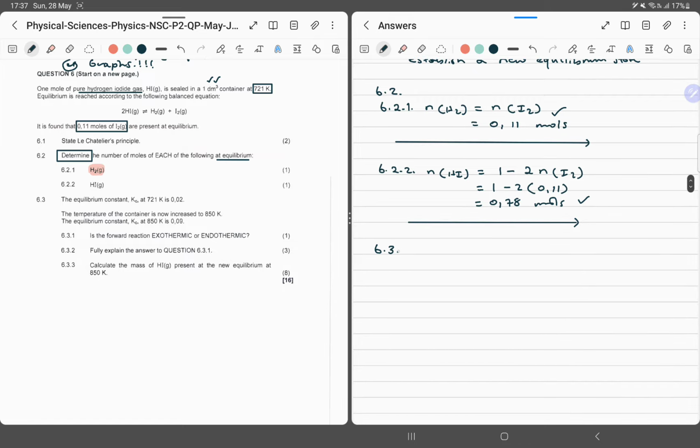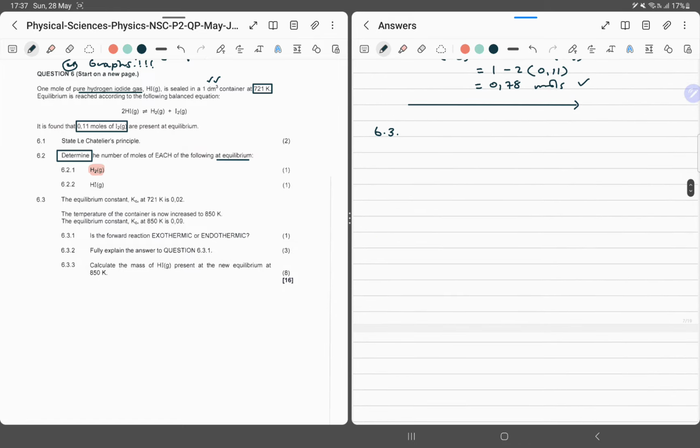6.3. 6.3 says the equilibrium constant at 721 is 0.02. Now the temperature of the container is increased to 850 kelvins. And what happens? Our Kc value increases to 0.09.